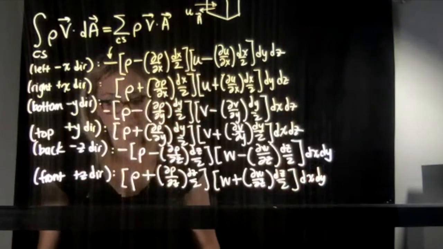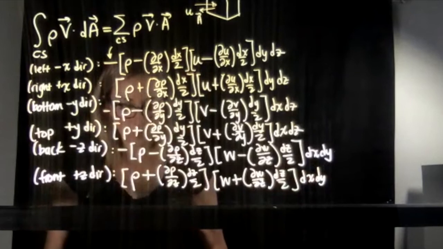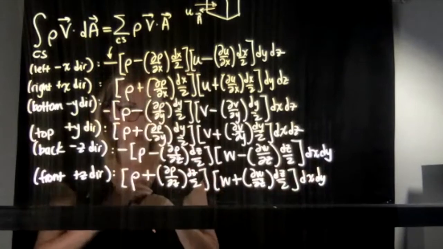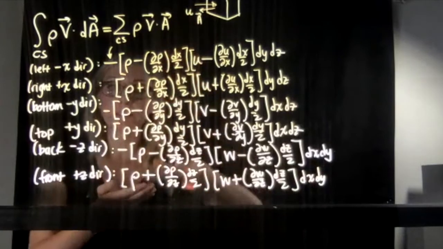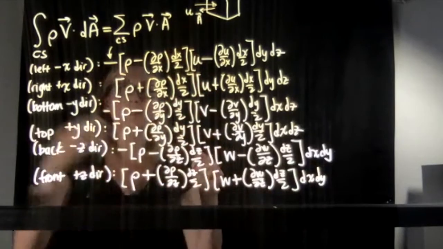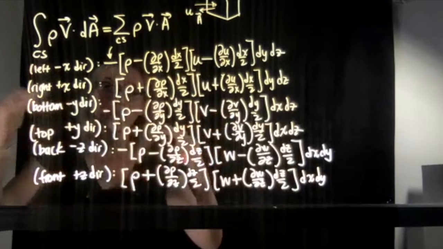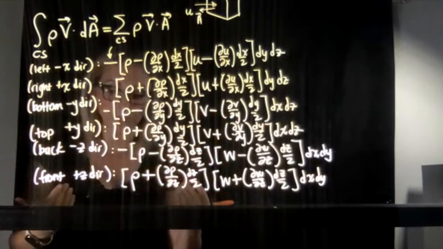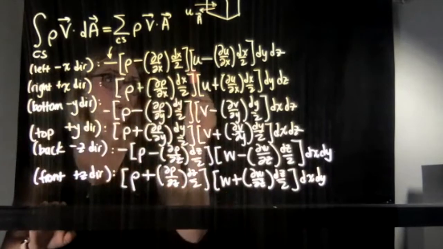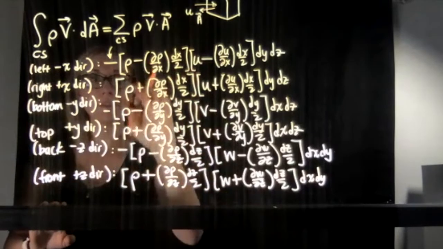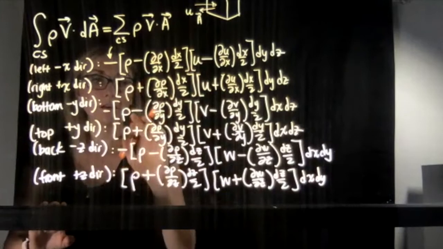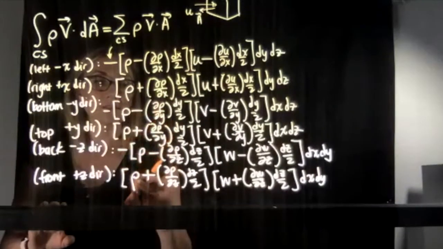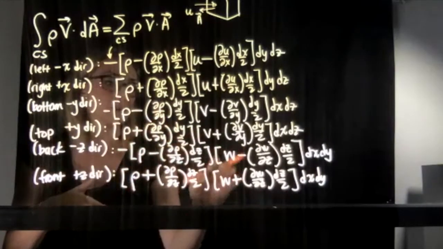Okay, so when I put all of these together, maybe just scanning these vertically, you'll notice that for the left and right, bottom and top, back and front faces, there's some cancellation that occurs here. So you'll notice that this density and this density, this density, this density, they all cancel out, especially with the leading term.